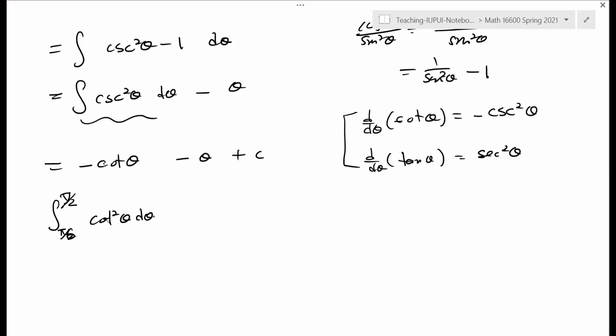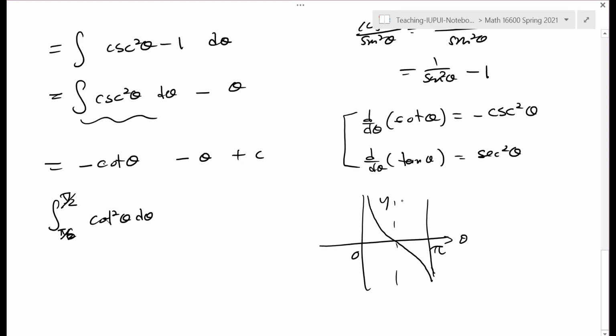Where is cotangent theta defined? Take the picture. This is a graph for y equals cotangent theta. So from pi over 6 to pi over 2, that is okay.